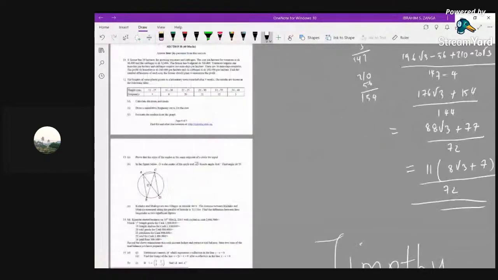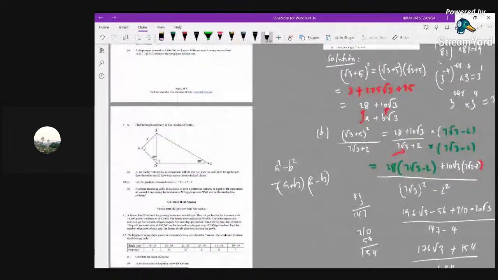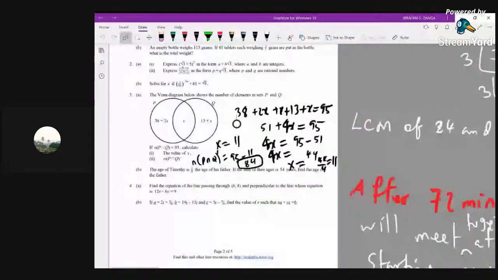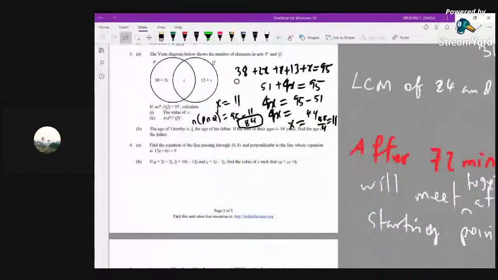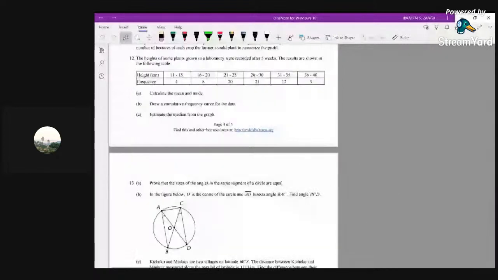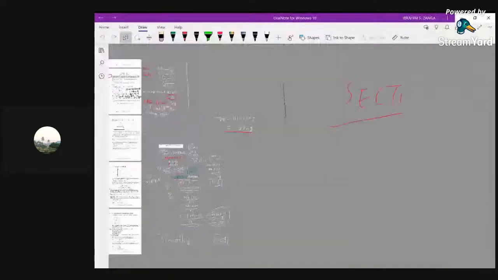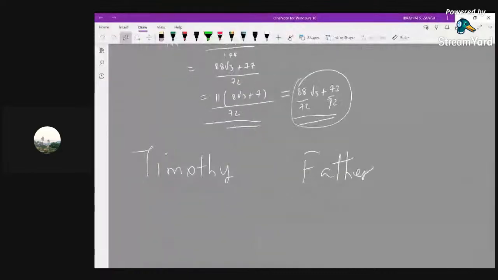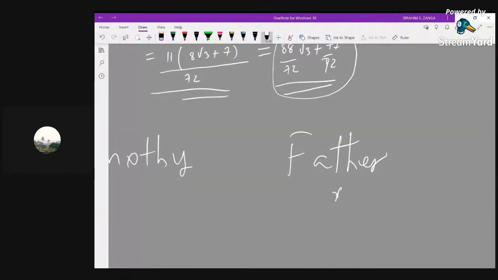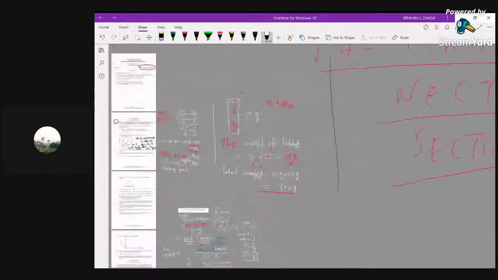So we were told that the age of Timothy is 1/8 the age of his father. So if the age of his father is x, then Timothy is going to be x over 8.